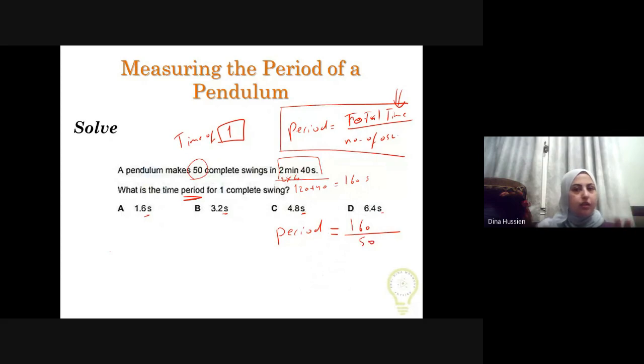في حد مش فاهم احنا بنعمل إيه so far? If you're confused, you can simply use this rule directly: period equals total time over number of oscillations. Does anyone still not understand how to solve this type of problem? Raise your hand, please, if you can't.